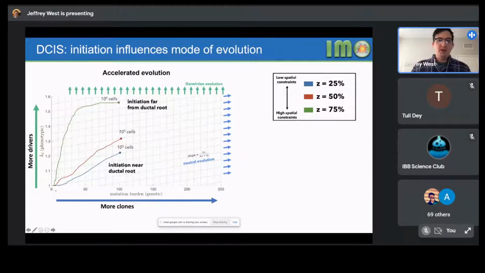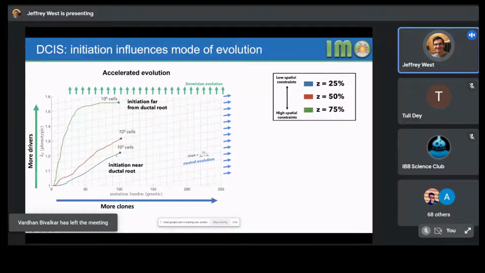And what we find is that if we initiate in those larger ductal branches near the root of the tree on the bottom, we get sort of a slow and steady slope on this state space. But if we initiate it closer to the top in a more tightly spatially constrained branch, we get this vertical evolution characterized by Darwinian evolution.